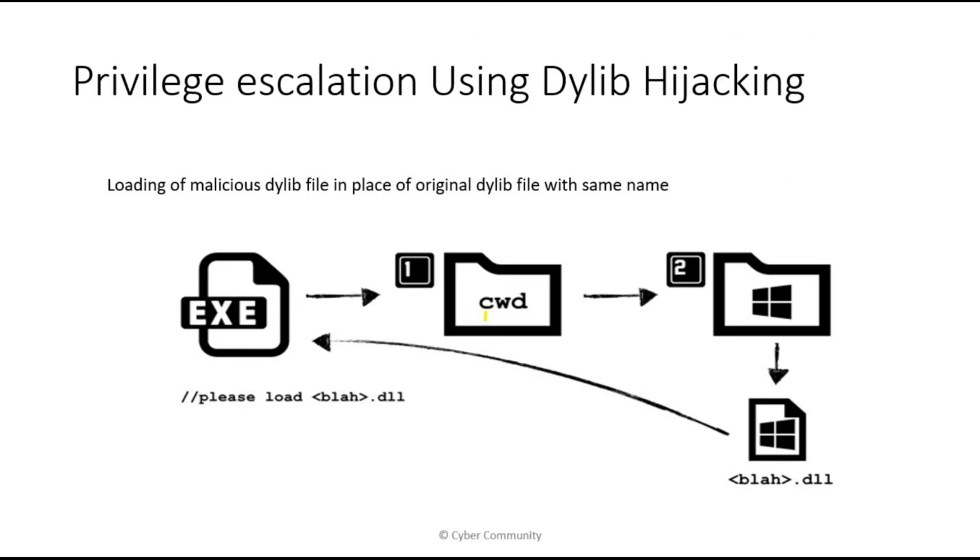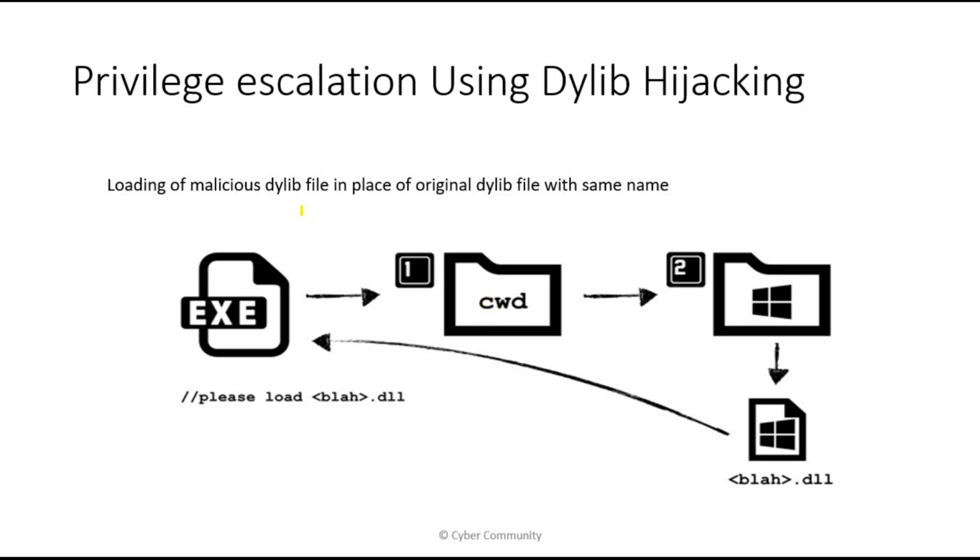Now, privilege escalation using dylib hijacking. What is a dylib? It's a dynamic library. In macOS, let's say an application, while loading an external dynamic library, the loader searches for the dynamic library in multiple directories.